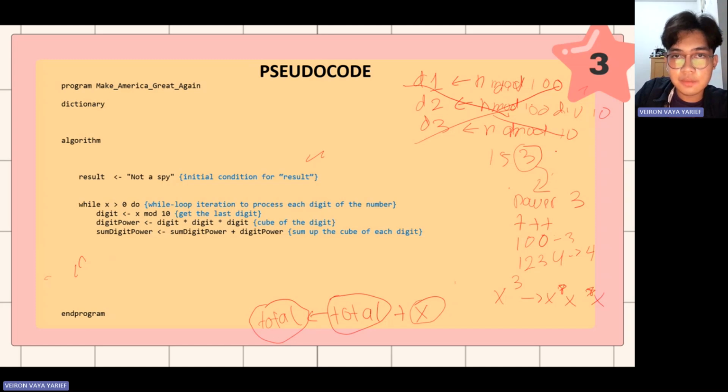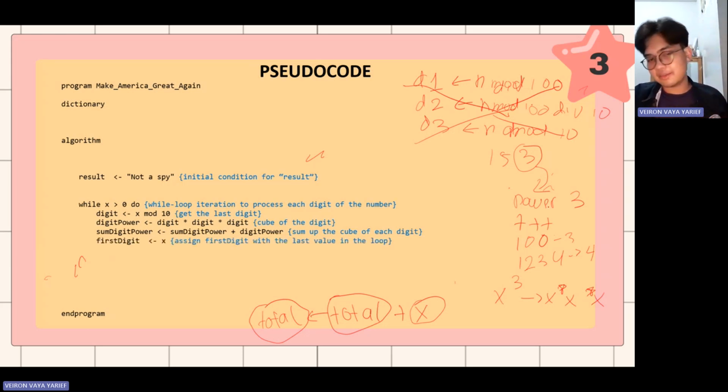If we have 153, we take the last digit, we take 3, power it by 3, take the cube of the number, and do summation each loop. The next time we will do 5, then 1, like that. So the first digit: why do we need to update the first digit? Assign first digit with the last value in the loop.